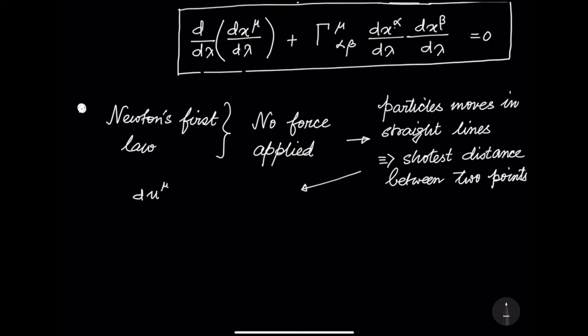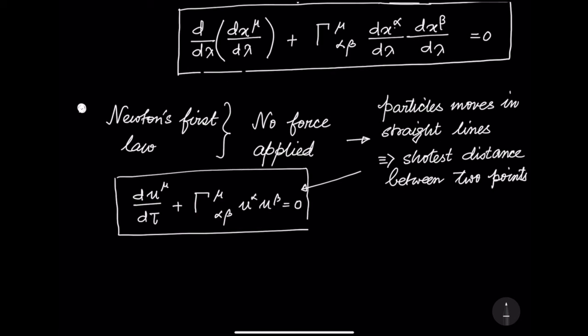If u is the velocity of a particle, then the particle will follow a trajectory which is given by this, or the equation for the world line of the particle, if you want to be more precise. This is what Newton's first law gave us.